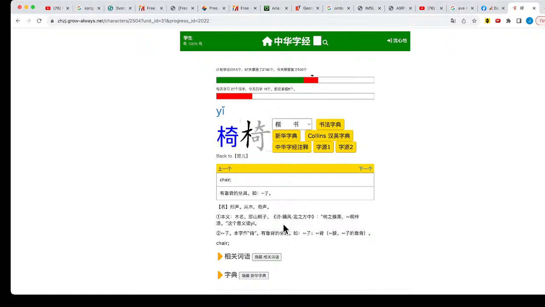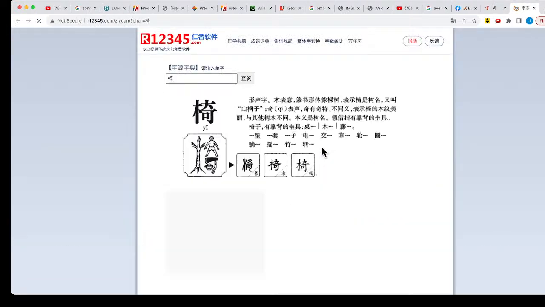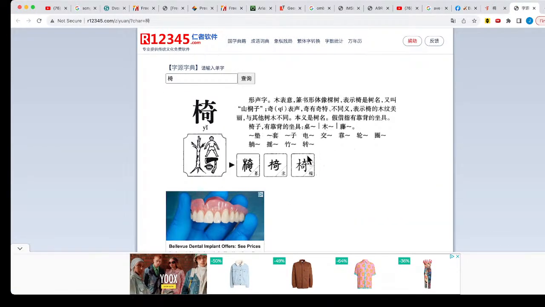In that context, it does not pronounce as 椅, it is pronounced as 一. 就一那个树叫一。Of course, on the left-hand side is a tree, which means this kind of thing is usually made out of wood.